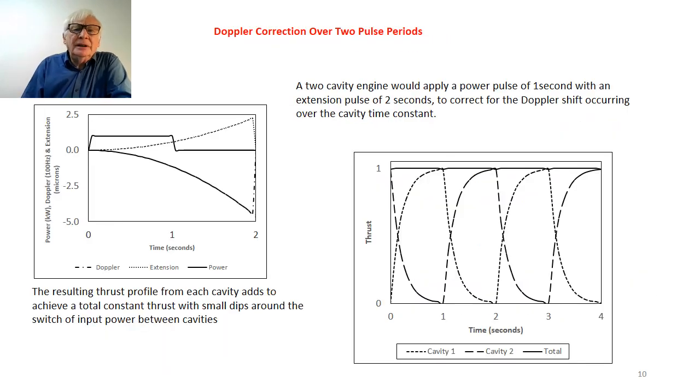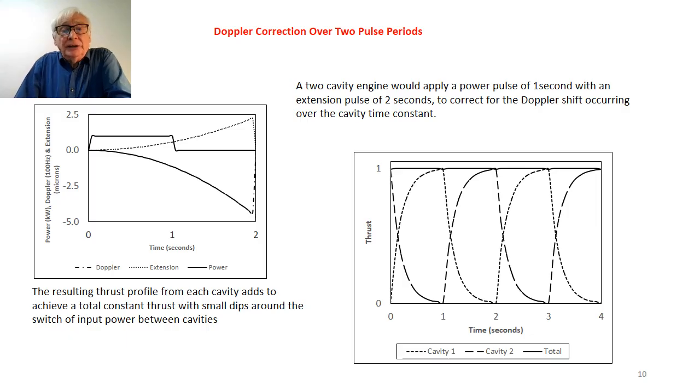To look at the Doppler correction in a little more detail, we'll assume a two-cavity engine with cavity time constants of nominally 1 second. In this situation, we would apply a power pulse of 1 second to the first cavity, and this is shown as the full line in the first plot to the left of the slide.